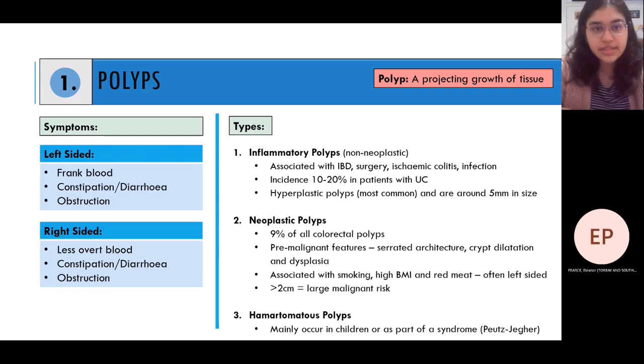So polyps are interesting. There are many different types of polyps, but I've tried to group them into 3 main types: inflammatory polyps, neoplastic polyps, and hamartomatous polyps. Essentially, this patient is most likely to have an underlying diagnosis of Peutz-Jeghers syndrome.